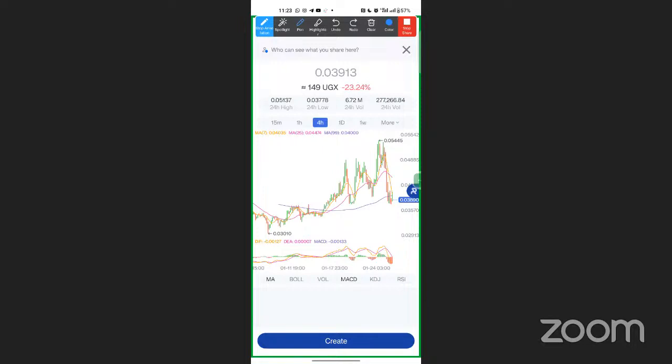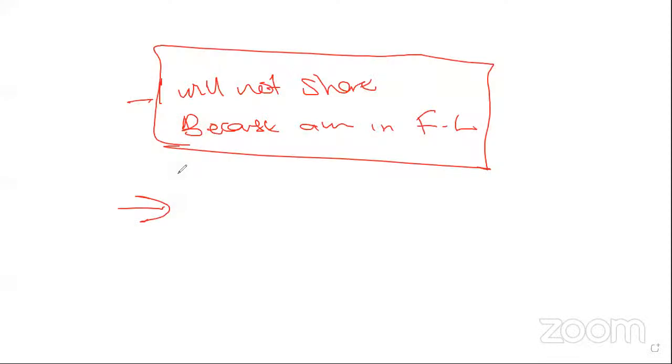This indicator, let me first stop sharing my screen and see if I could do this. Just a little bit.